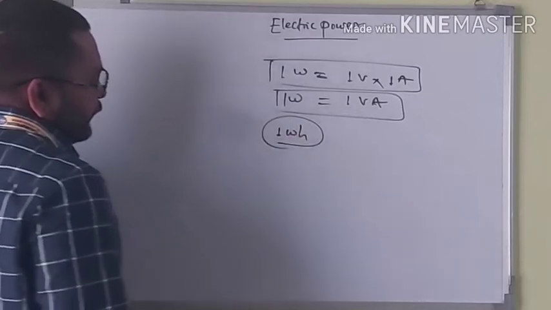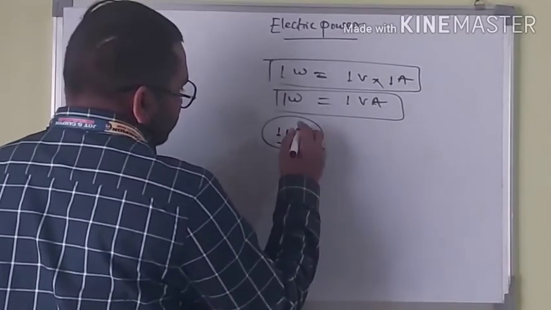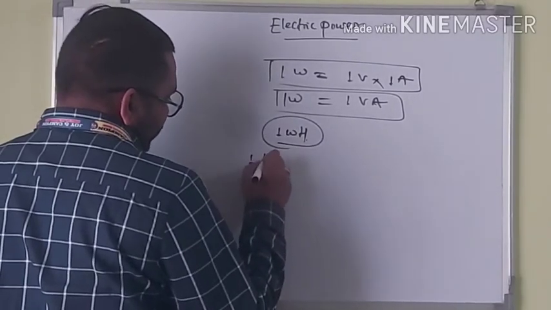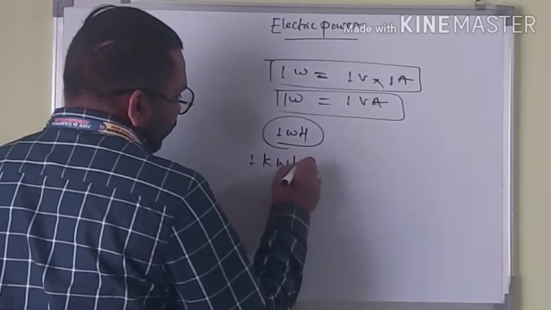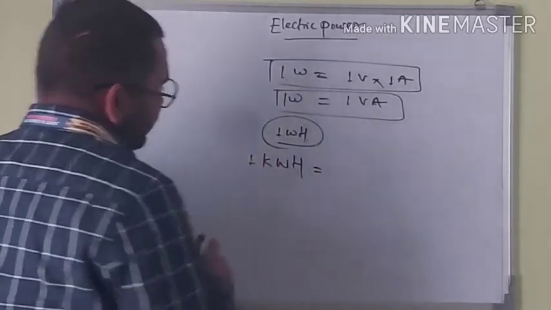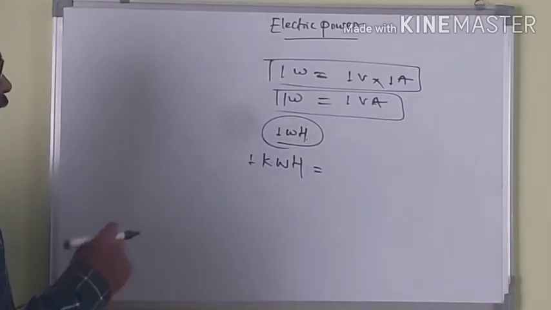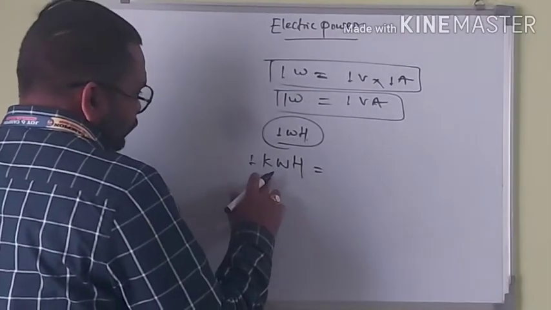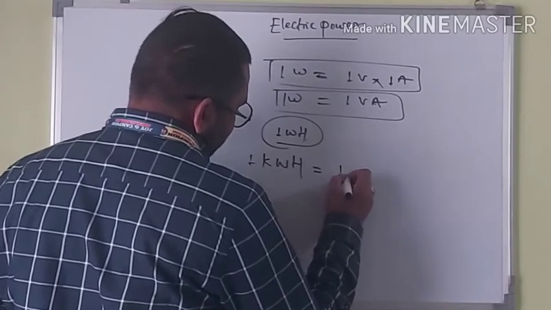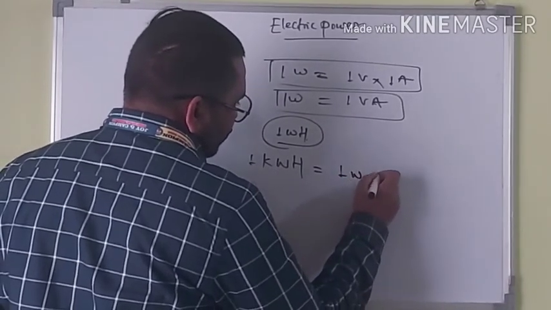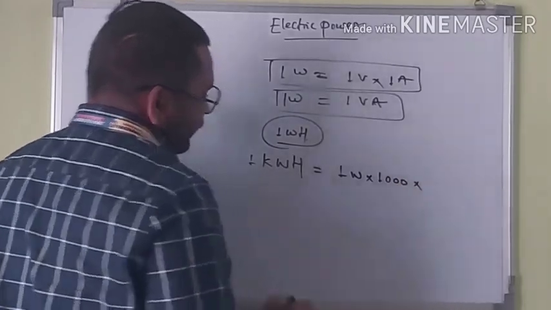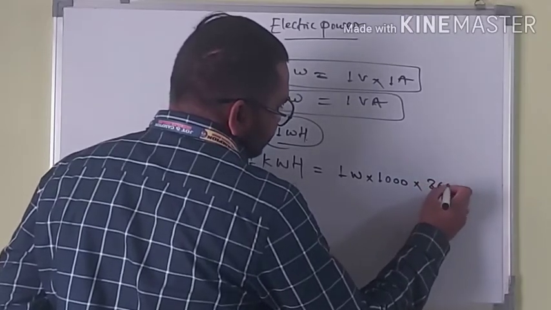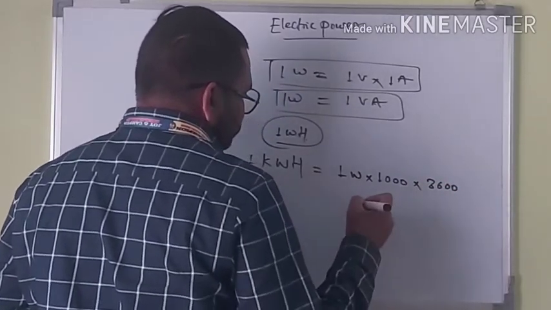Okay, but it is a very small quantity, so we use 1 kilowatt hour. Okay, kilowatt hour is a useful quantity we can use here. So the value of 1 kilowatt hour is 1000 watt multiplied by hour. Hour changed into seconds is 3600.